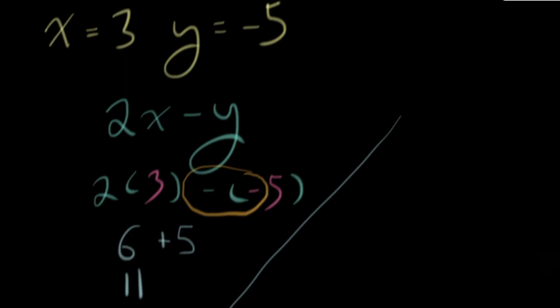There's another thing that sometimes does occur that I do want to highlight. Let's say x was, I don't know, negative 3, and y was 2.